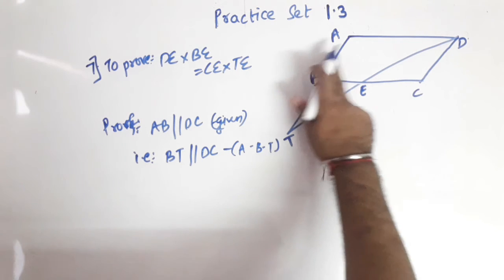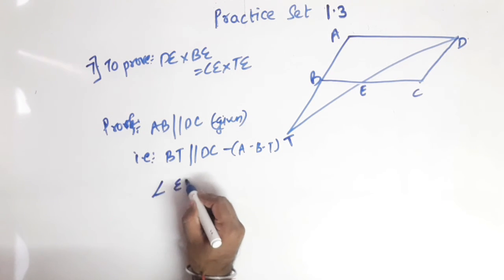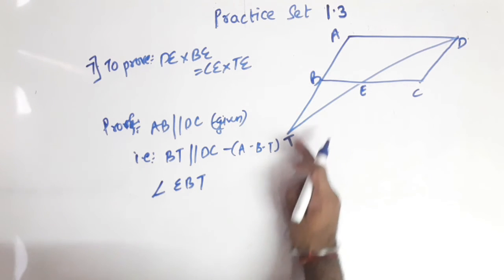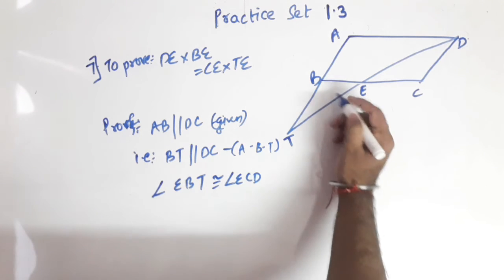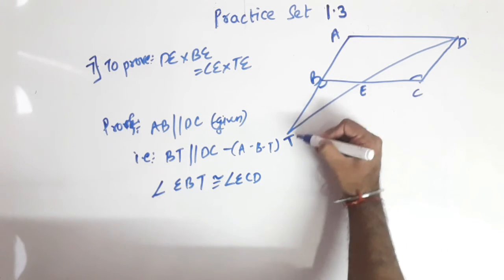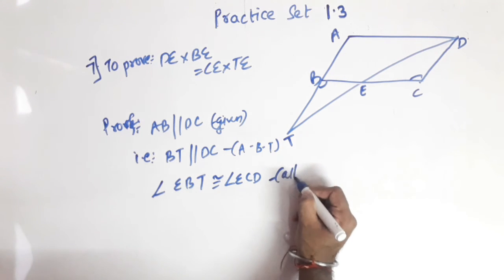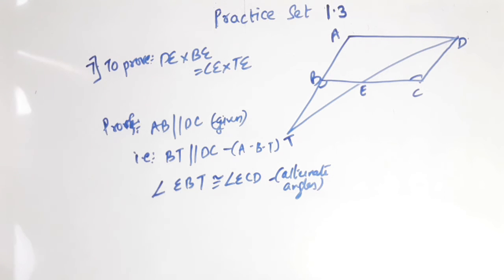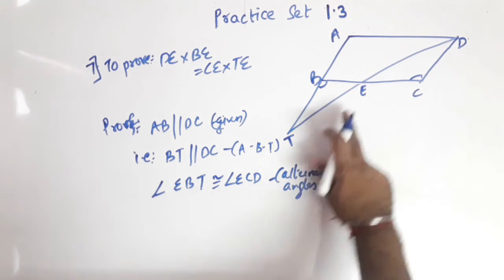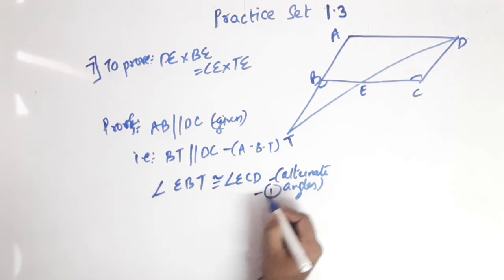Because this is parallel, I can write angle EBT is congruent to angle ECD. Why? Because they are forming alternate angles. We have one pair, and the other pair you can see is vertically opposite angles, so we got two pairs. I'll give this as point number 1.